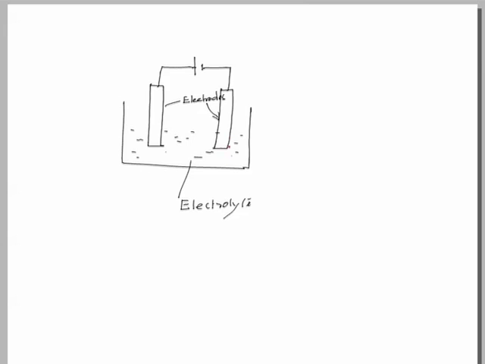Now, as we have already discussed in the beginning of this session, there will be some hydrogen gases developed here, or otherwise we can say water will be dissociated into H as well as OH, anions and cations.